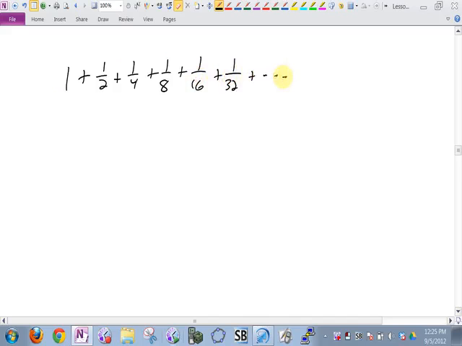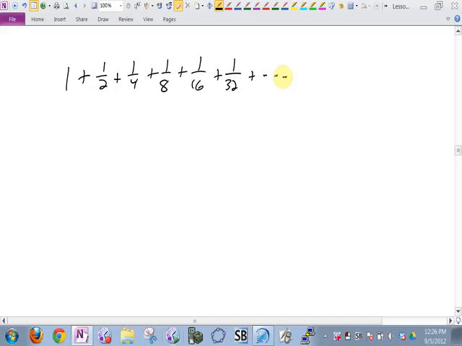If I were to continue that pattern forever and actually take all infinity of these fractions and add all infinity of them together, I get the number 2. So that's a similar idea. It's an infinite sum of fractions, but it doesn't mean the number's huge. There's a half and then a quarter, so you never go over 2.